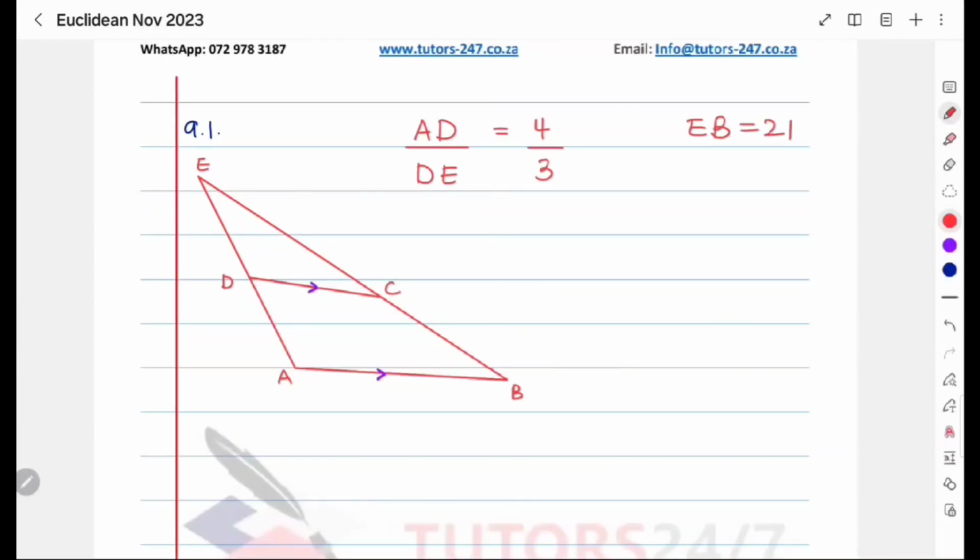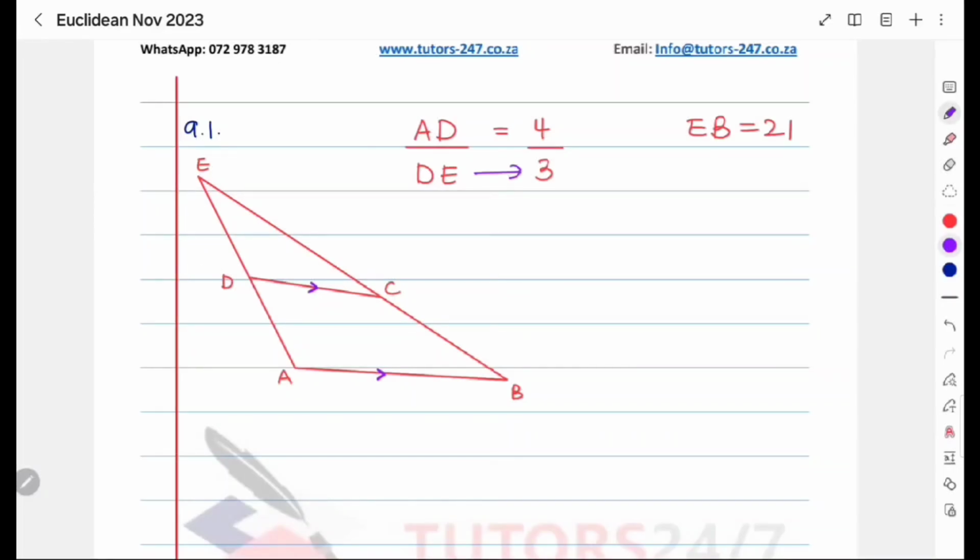Now, if you have a look at the ratio that was given, AD over DE, the ratio went from the bottom to the middle and then from the middle to the top. That is the ratio that they used. However, I am not going to use that particular ratio. What I'm going to do is just fill in the information they gave us first.